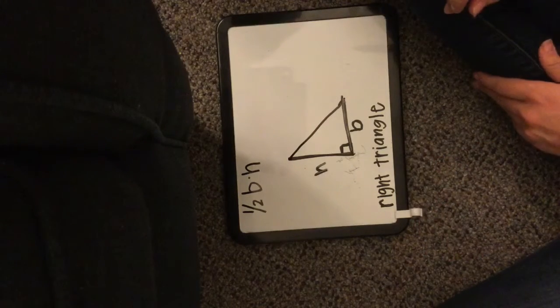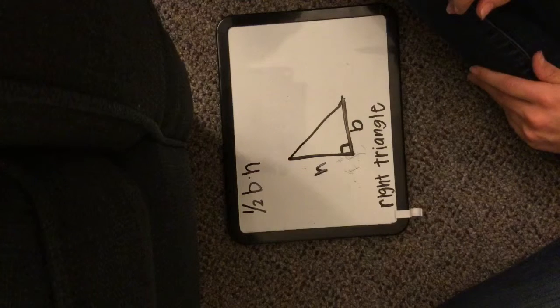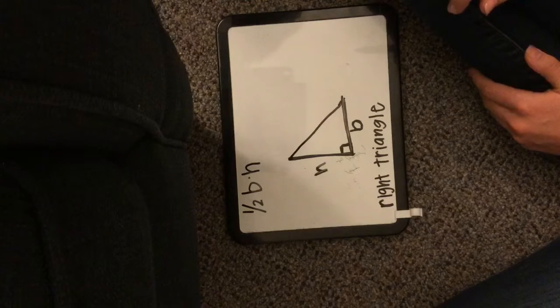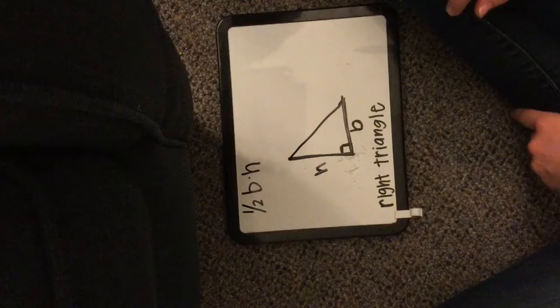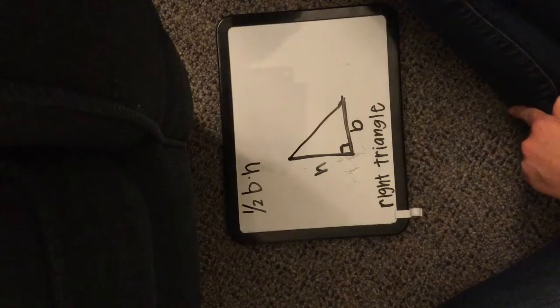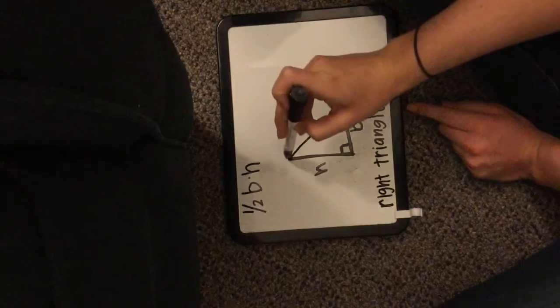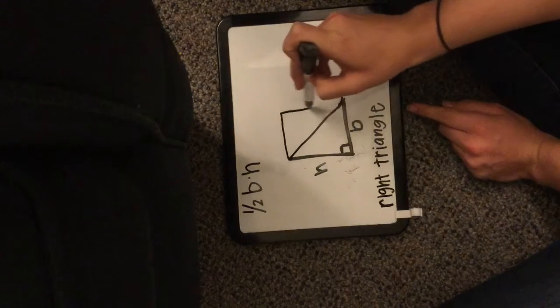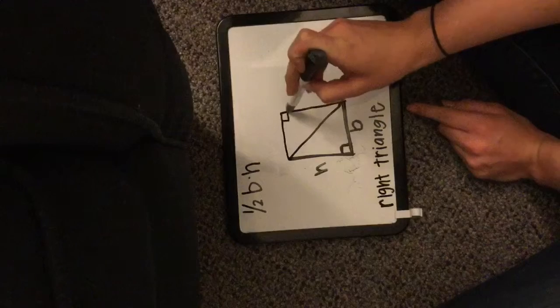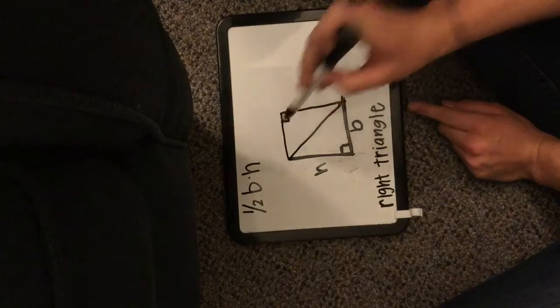Here we can see that since there is a right angle in the triangle, it is half of a rectangle. If we flip the triangle and add it to the other side, it makes a rectangle. So if we take this triangle and flip it to right here, we have a full rectangle.